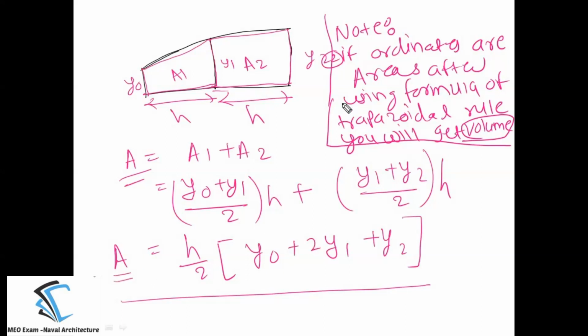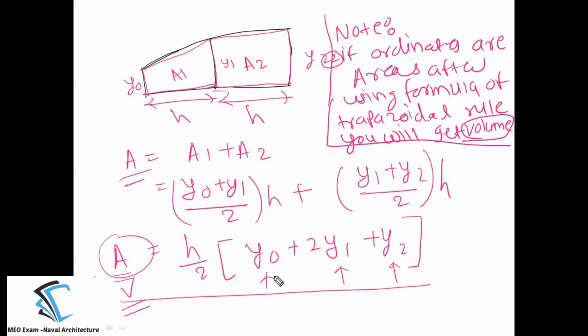I am repeating the note once again: if y0, y1 and y2 are length dimensions, then you will get the area after using the trapezoidal rule. If y0, y1, y2 are areas, then you will get the volume after using the trapezoidal rule. So these are the things you have to understand from the trapezoidal rule.